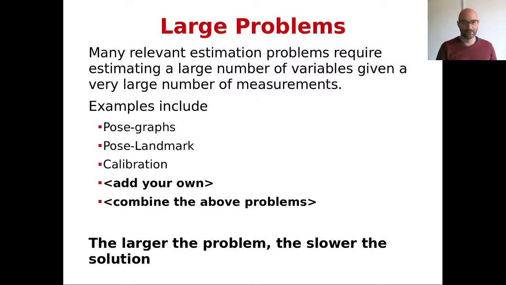Like these examples here introduce, so that we have seen, like pose-graph, pose-landmark, are examples where a measurement depends only on a couple of things: the observing robot position and the observed landmark, or the observing robot position and the observed robot position in case of pose graphs.